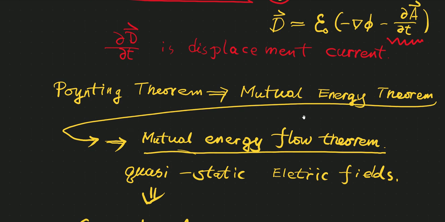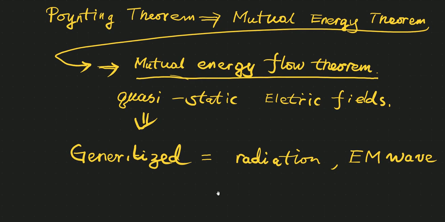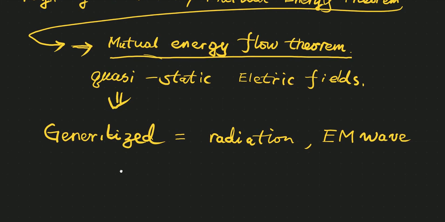However, this mutual energy flow theorem is still in quasi-static electromagnetic field. Generalize it to radiation electromagnetic wave situations. This way we get the mutual energy flow series.